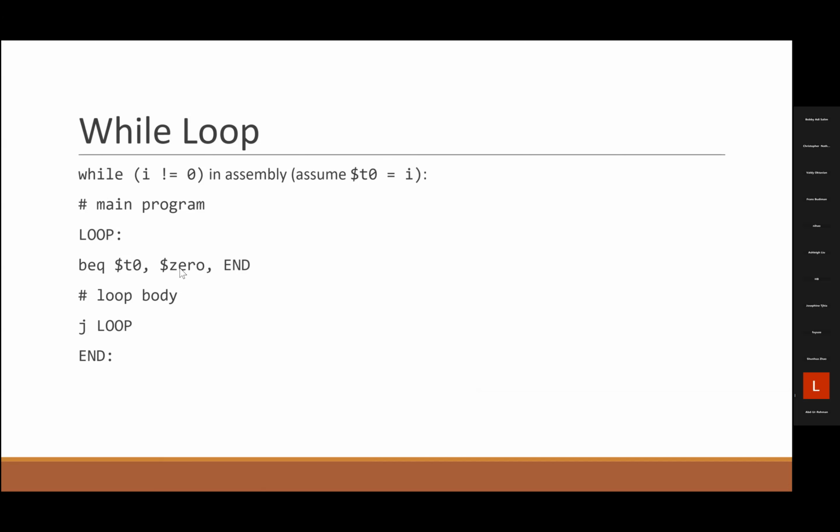If T0 is equal to 0, we will jump out of the loop. So N here is the end of the loop. And then after that, you will have some code here for the loop body. And at the end of the loop body, you have J loop. So you jump back to the start of the loop, and check for the condition again, and so on and so forth.